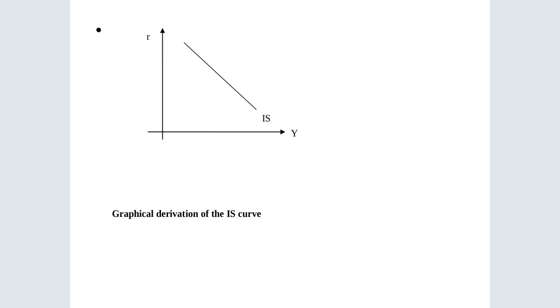And we have said it's a downward sloping relationship. So that is the algebraic derivation of the IS function. This is simply the IS function we are talking about. Now, how do we derive the IS function graphically?